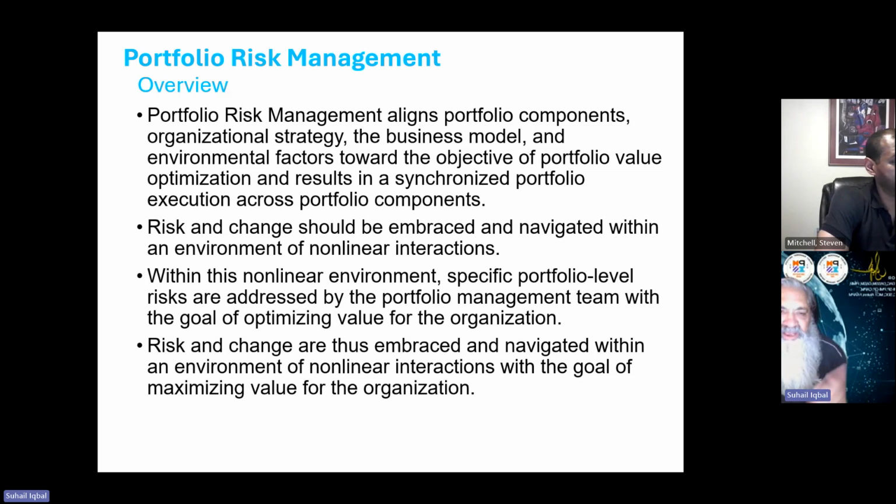But the thing which is pulling you back all the time, there is an energy which is pulling you back, is the risk and the change. Risk and change are thus embraced and navigated within an environment of non-linear interaction with the goal of maximizing value for the organization. Now, you have to turn this risk and change to your advantage. How can you maximize the value by appropriately making use of these risks and changes?